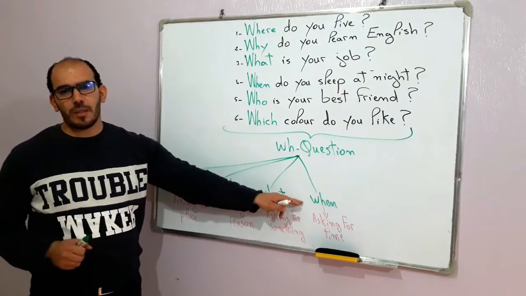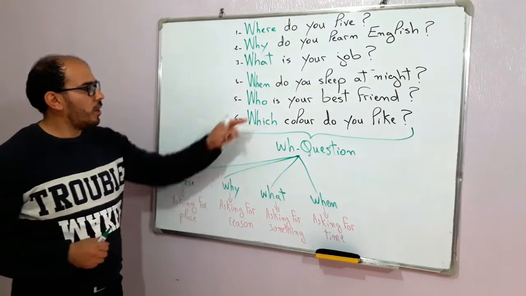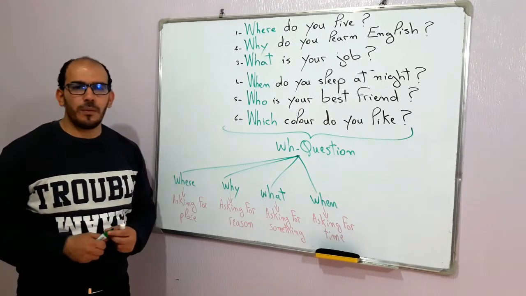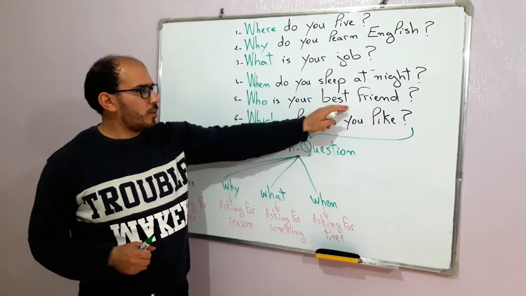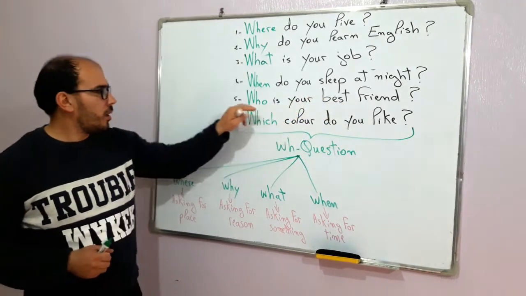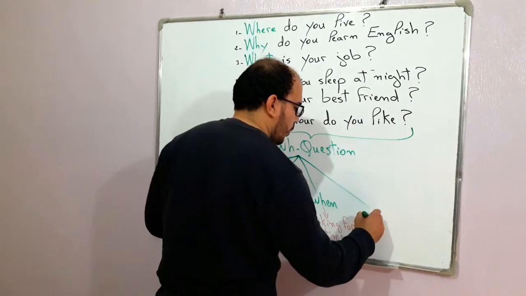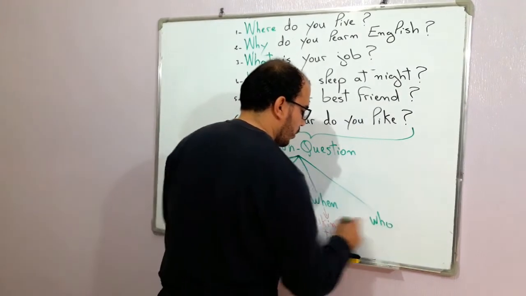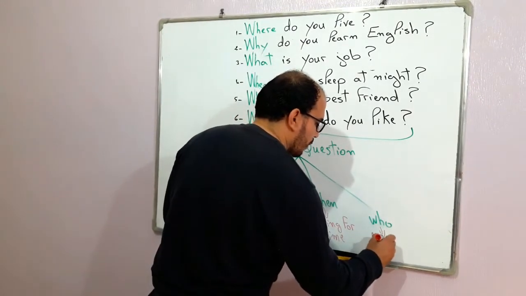So whenever I want to ask for time, we have to use this WH question, when. Who is your best friend? So I'm asking for the name of your best friend, and your best friend is a person. So who is all the time used to ask for person. Who, it is used to ask for someone.